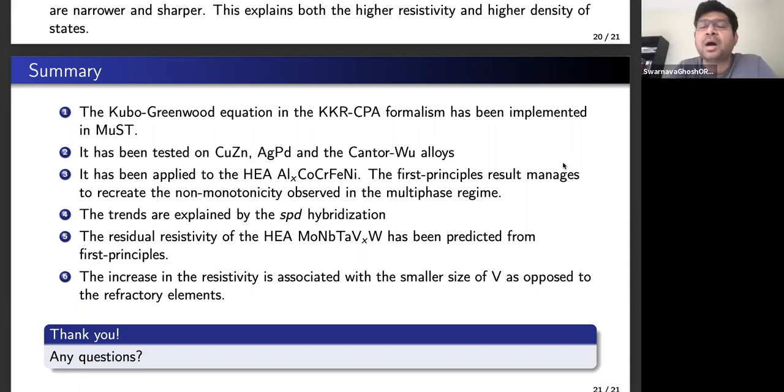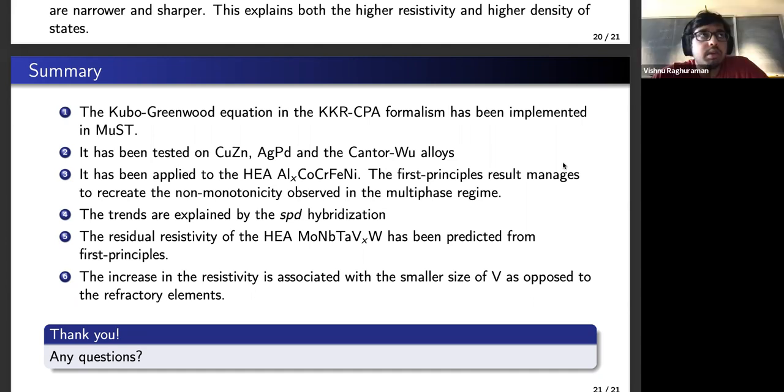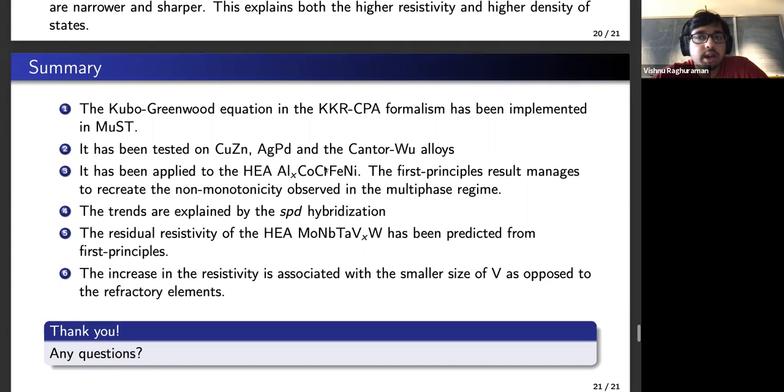So how long does one of your calculations take? It really depends on the K point. For these I used a high K point grid, 70 cross 70 cross 70. That probably takes about 2 to 2.5 hours on 40 cores.